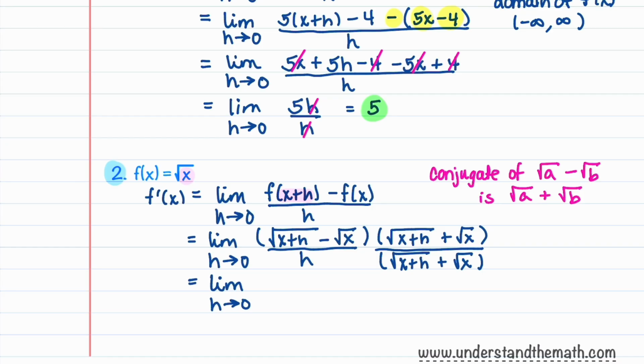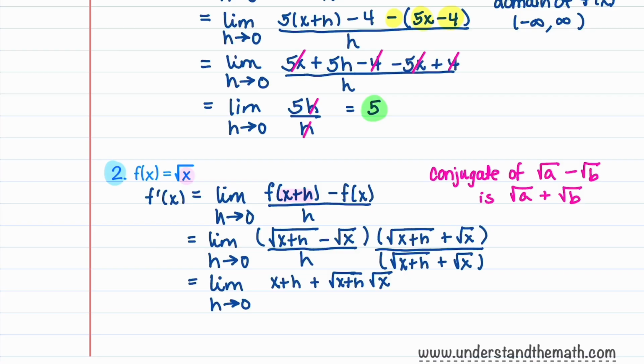The FOIL method says the first thing we do is multiply the first terms, and that is the square root of x plus h times the square root of x plus h, so that just gives us x plus h. And now we're going to multiply the outer terms. So this is the square root of x plus h times square root of x.